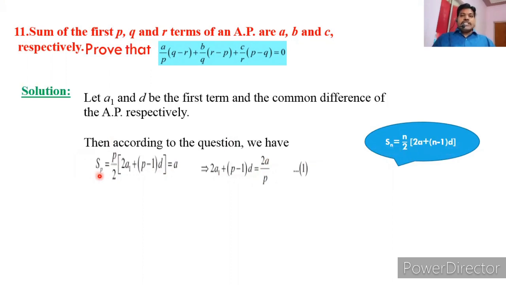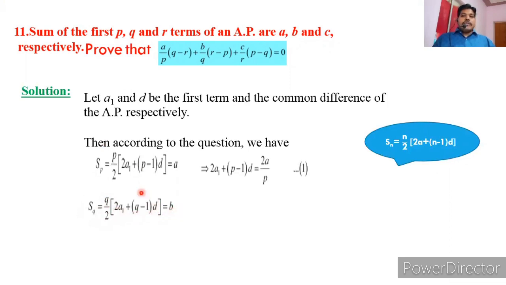Similarly, in the question they have given one more step. What is that? The sum of first q terms is b. So similarly, I will take Sq. So what is the Sq value? Sq is equal to q by 2 into 2a1 plus q minus 1 into d, that is equal to b.